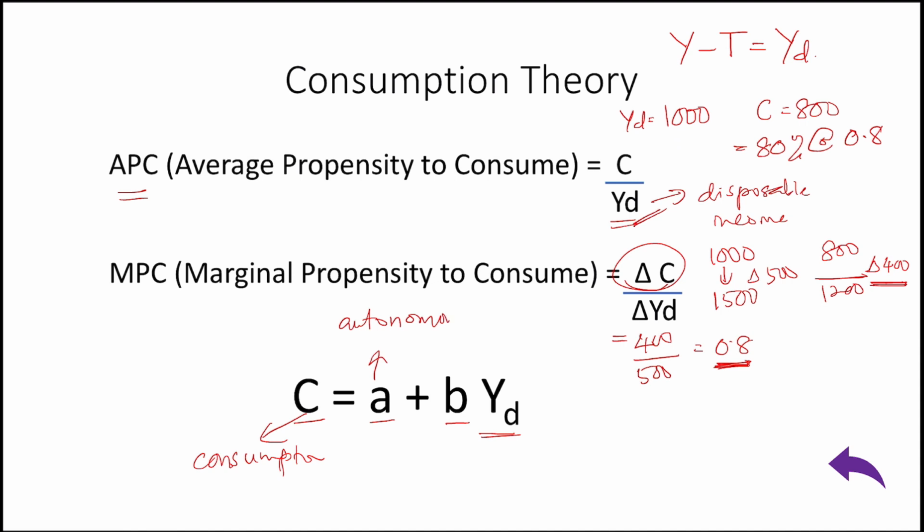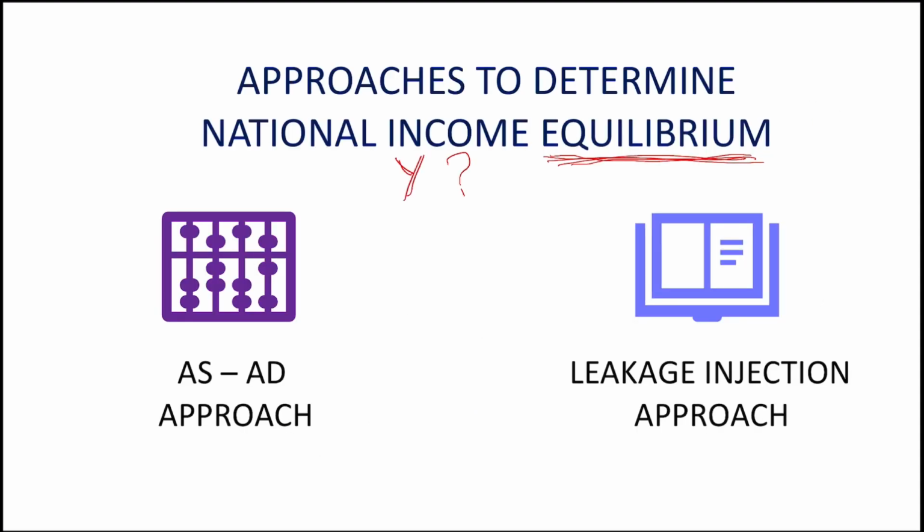Autonomous consumption is when you spend with zero income. Okay, when your income is zero, you still have to spend. The value of B is MPC, and YD is disposable income. That is for the AS-AD approach.